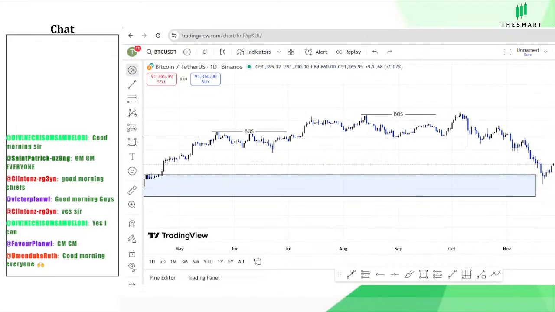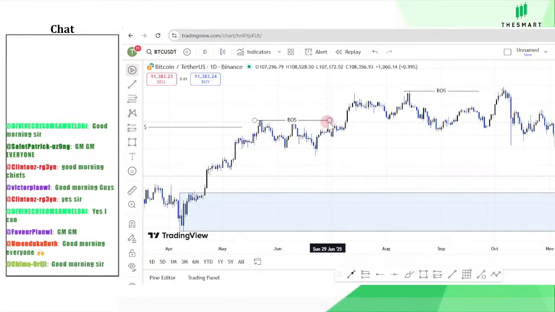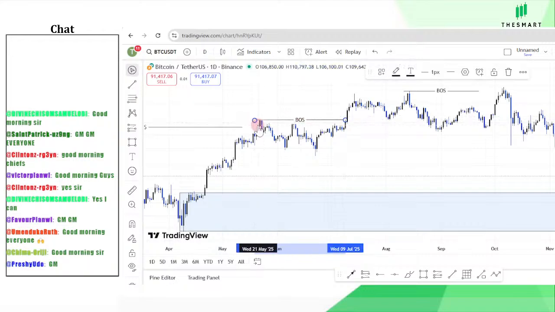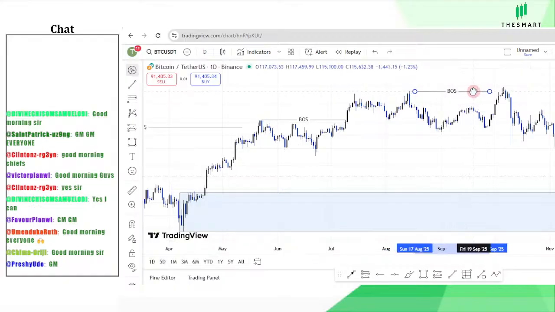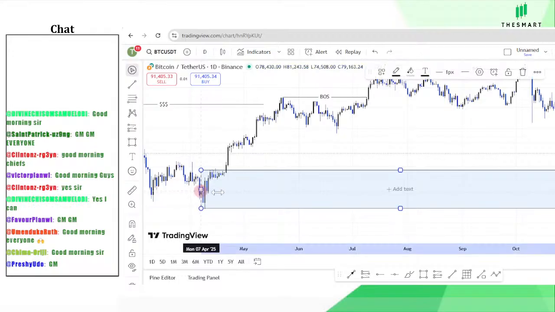Okay, so looking at the chart from the daily, let's refine our zones and all of our confluences. Alright, so we have to refine this other block too.